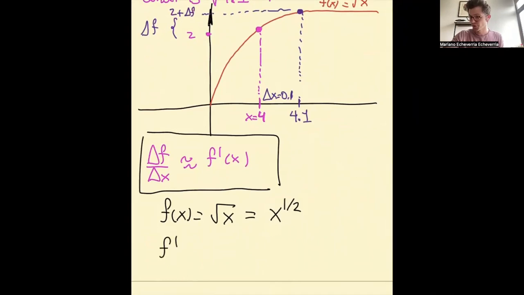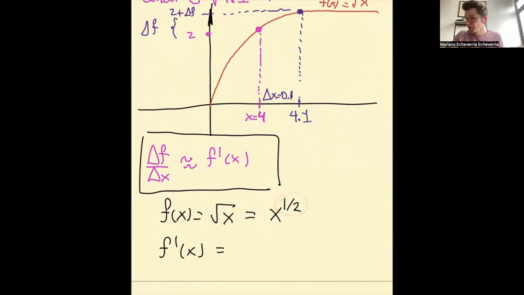Anyone remember the formula for the derivative of the square root of x? You can use the power rule.